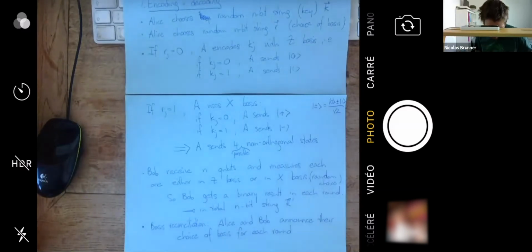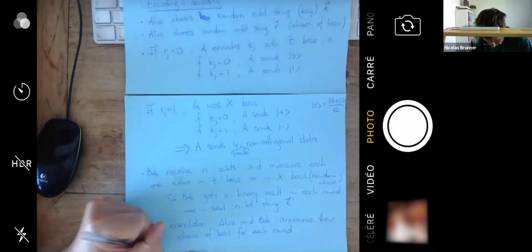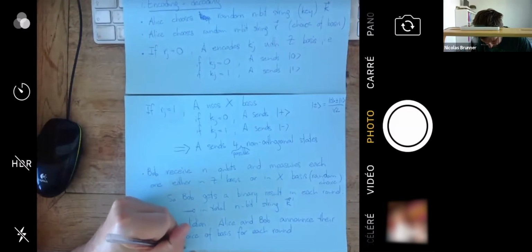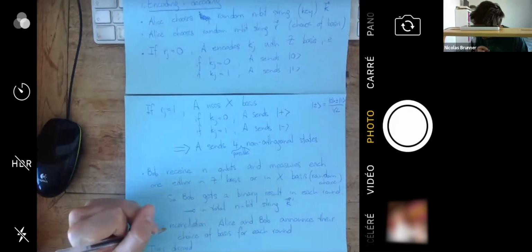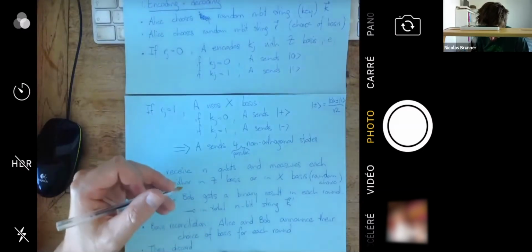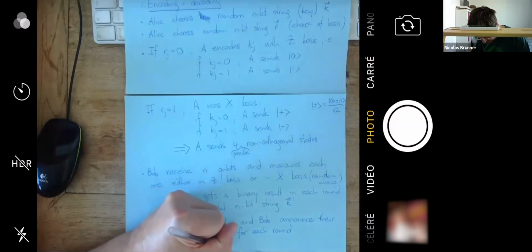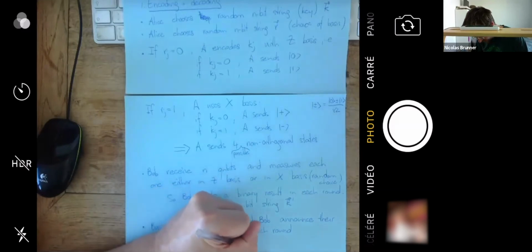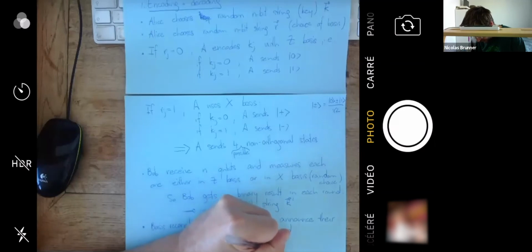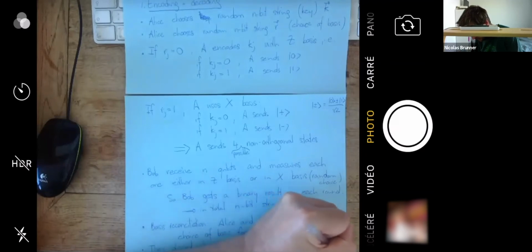And the point is now they are going to discard all cases where they chose different bases. So they discard all rounds where they chose different bases.